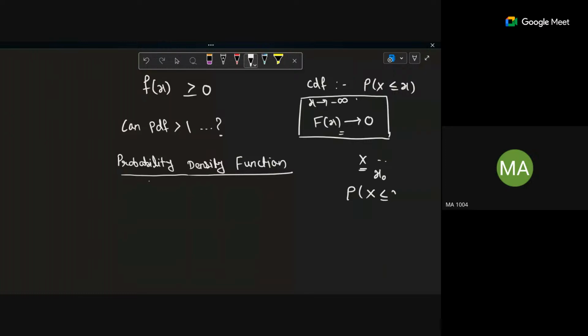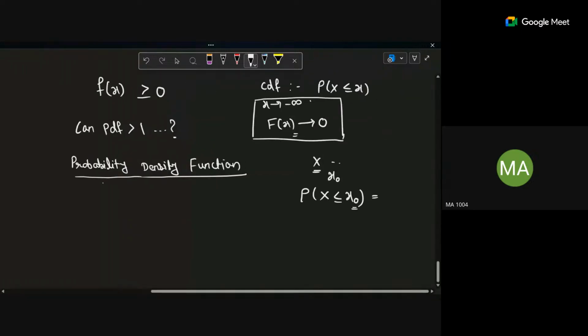Then the probability that x is less than or equal to x naught is the sum of all probabilities the random variable can take. Once it has attained the highest number, all possibilities are considered, so the sum will be 1, because for any experiment the sum of probabilities of all possible outcomes is 1, right?